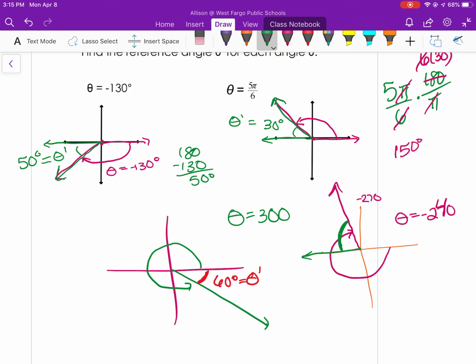So for that one I'm going to take 240 minus 180, and it's going to be a 60 degree reference angle. So the reference angles look different depending on where the terminal side lies, but you always go back to the closest x-axis, and it's always going to be an acute angle, so an angle that's less than 90 degrees. And it's always with the x-axis, which is the horizontal axis.